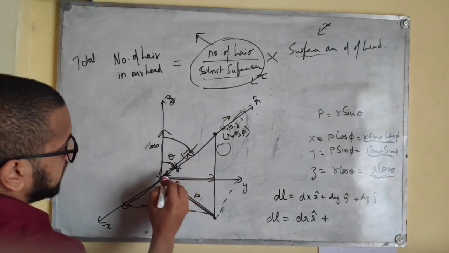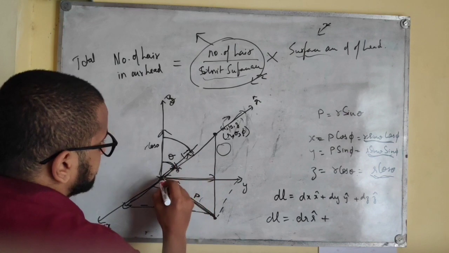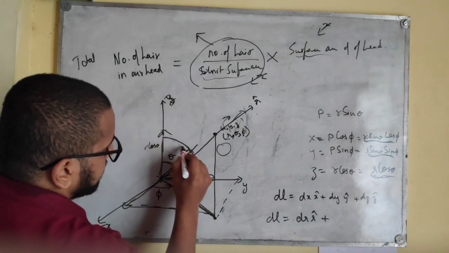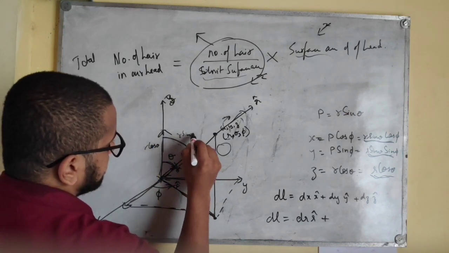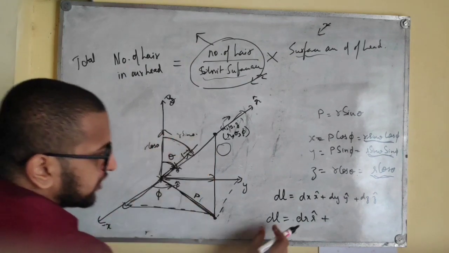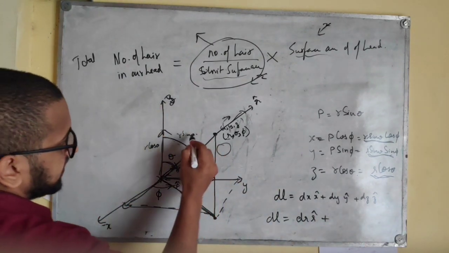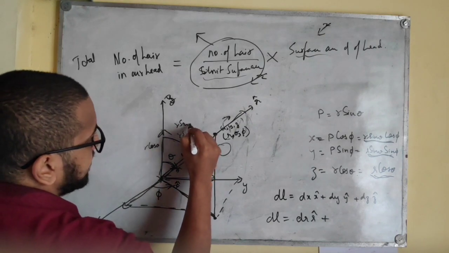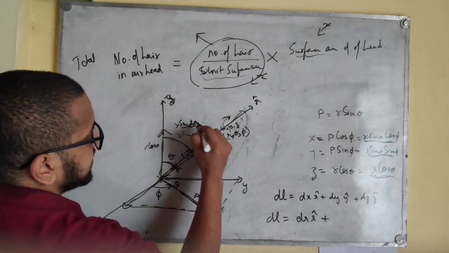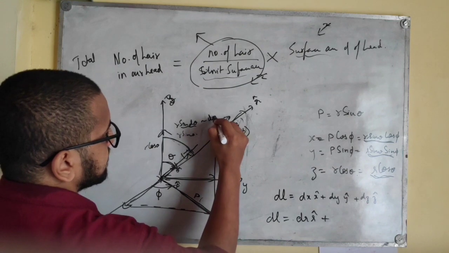For a small angle, it is going to be r d theta.